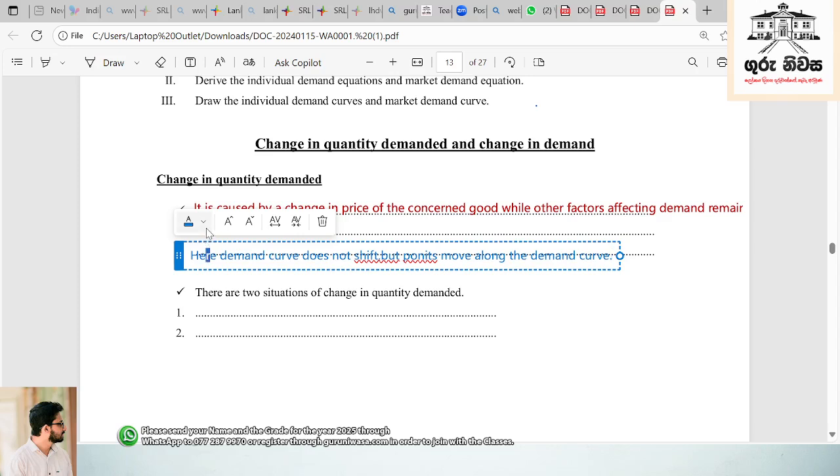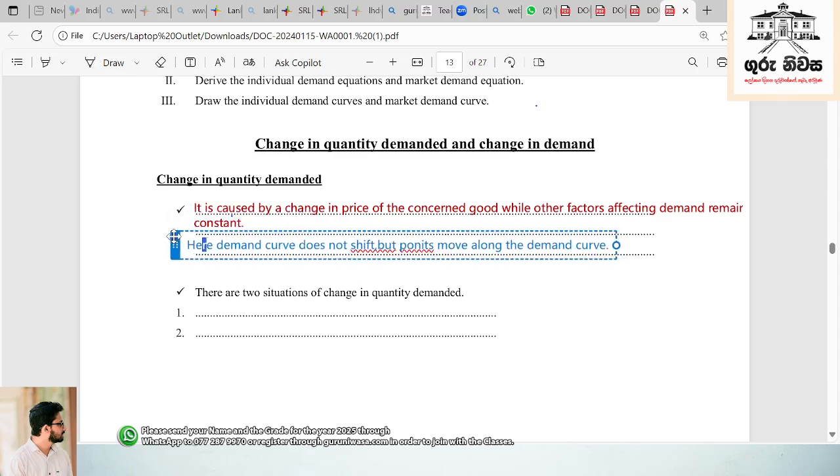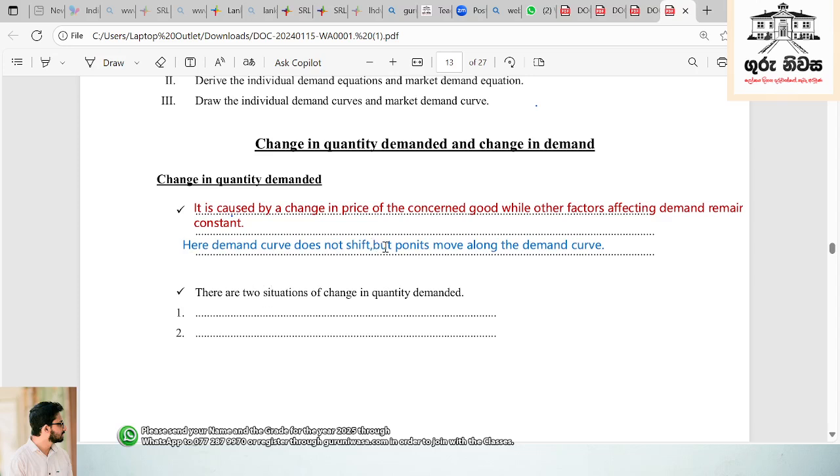Remember, highlight that the demand curve doesn't shift. Only one demand curve is there. Points move along the demand curve.